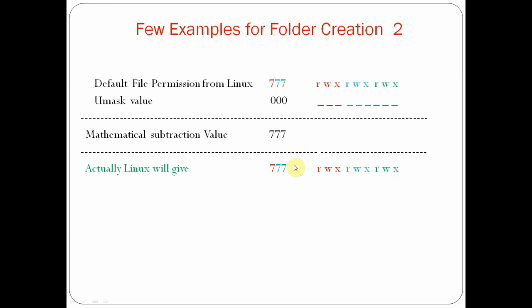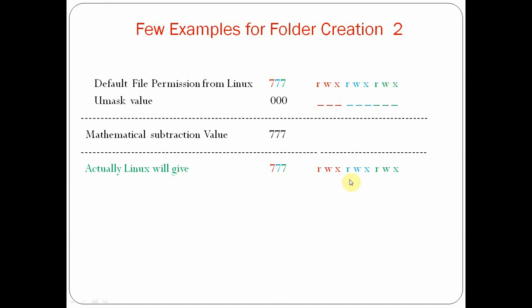For better understanding purpose, I prepared this example. I gave the umask value as 000. That means even for user, group, others, I don't want to restrict anything. So what will happen in this case? Whatever the default folder permissions are, read, write, execute, read, write, execute, read, write, execute, all these permissions will come as it is.